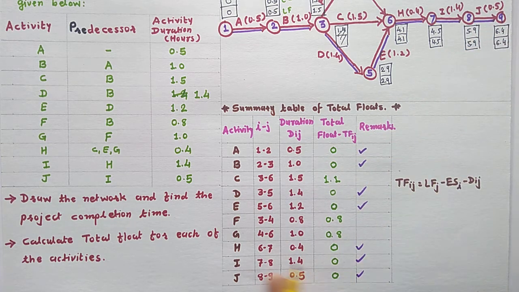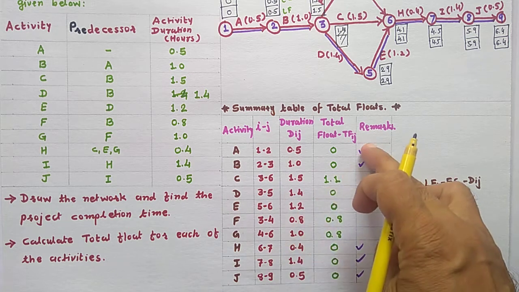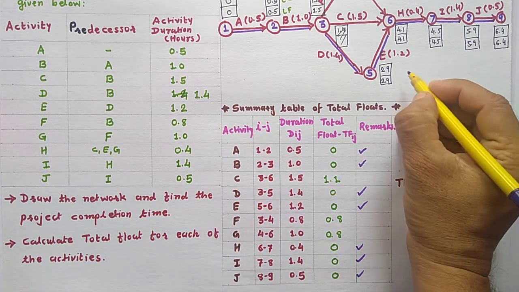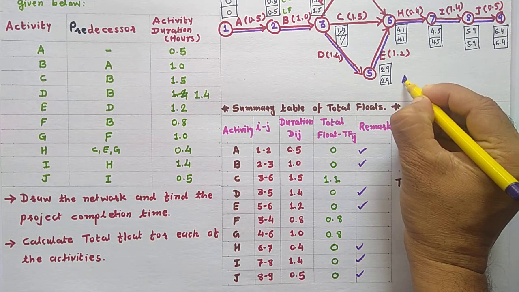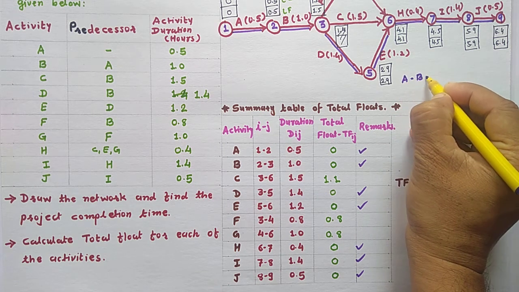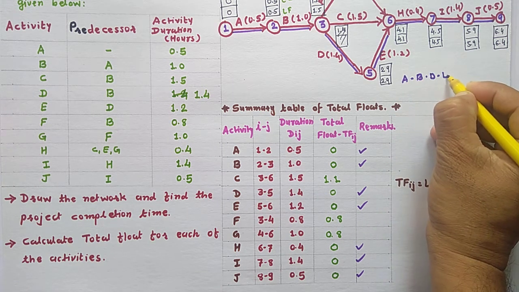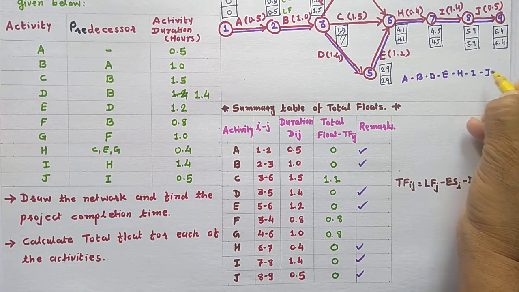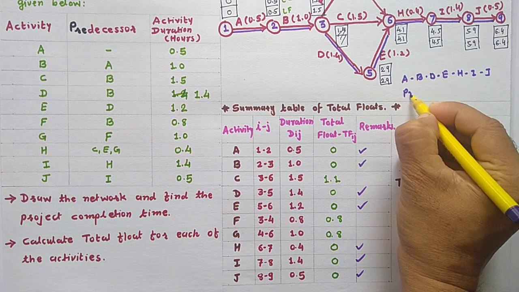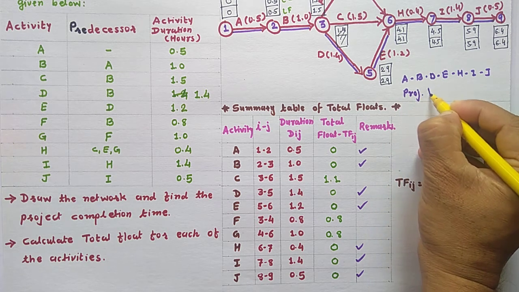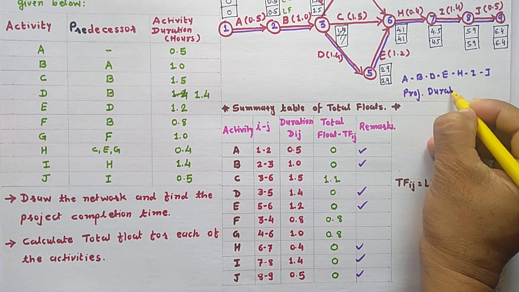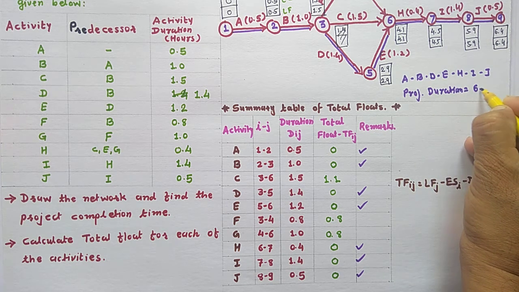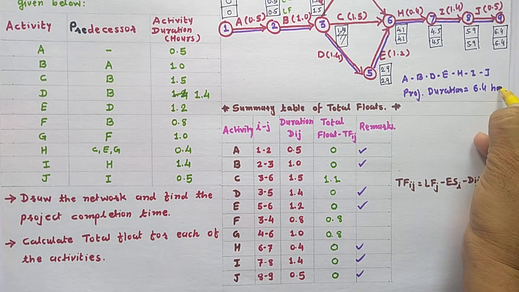So in this manner you can find out that these are the critical activities and this will become your critical path. So your critical path is A, B, D, E, H, I, J, and the project duration is 6.4 hours.